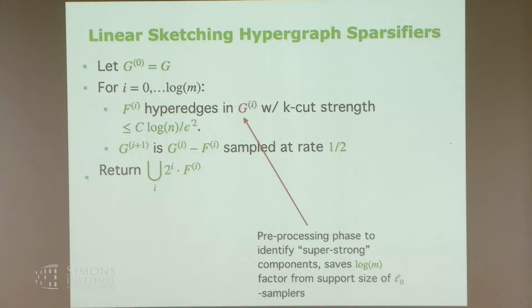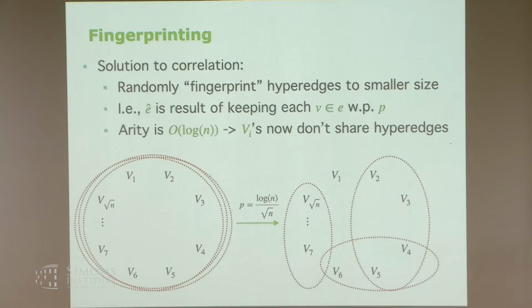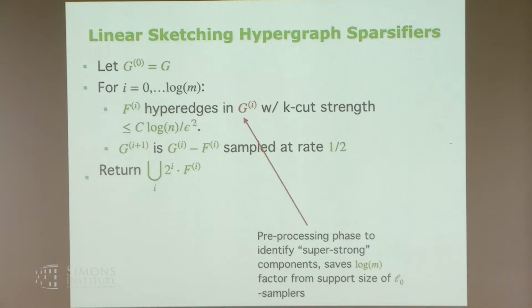For instance, in the previous example that we saw, the pre-processing phase would find these v1 to v square root n and merge them away beforehand. So now the L0 samplers only have to store a support of size square root n, in general some poly n value. And saving the support will save you the final factor of log m.